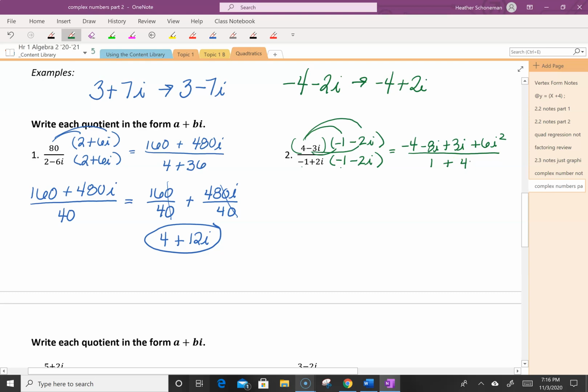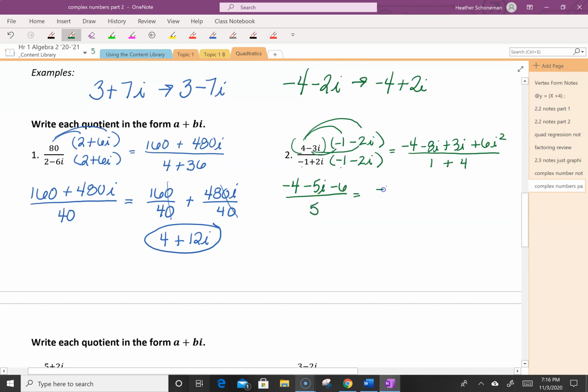Now I need to rewrite this, simplifying it. So on the top, I get negative 4, and then 8i and 3i would be 5i, and then positive 6i squared would be negative 6, because i squared is negative 1, all over 5.